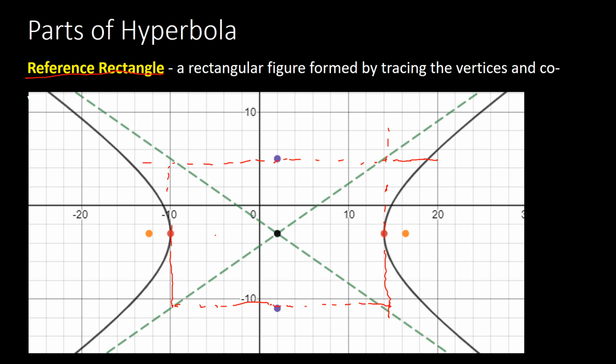This will serve as our guide, because later on, once you have the reference rectangle, you will be drawing the diagonals of it. These diagonals will guide us as to where our graph will pass through or be asymptotic to.